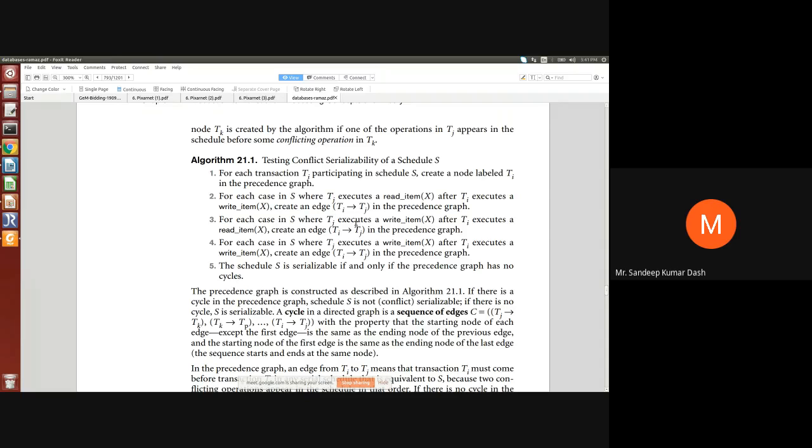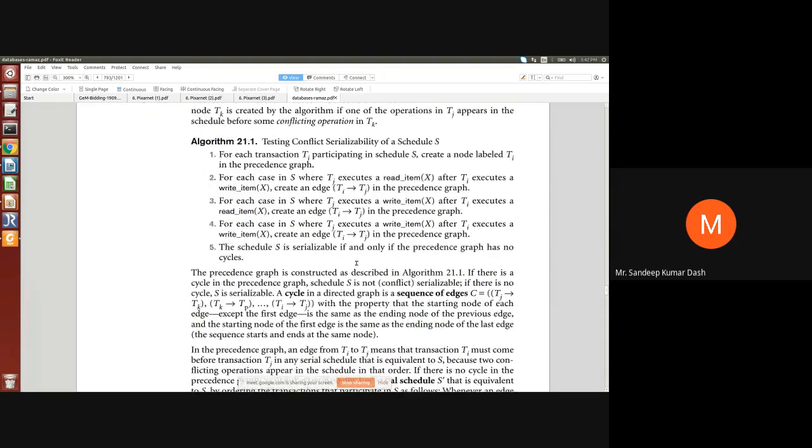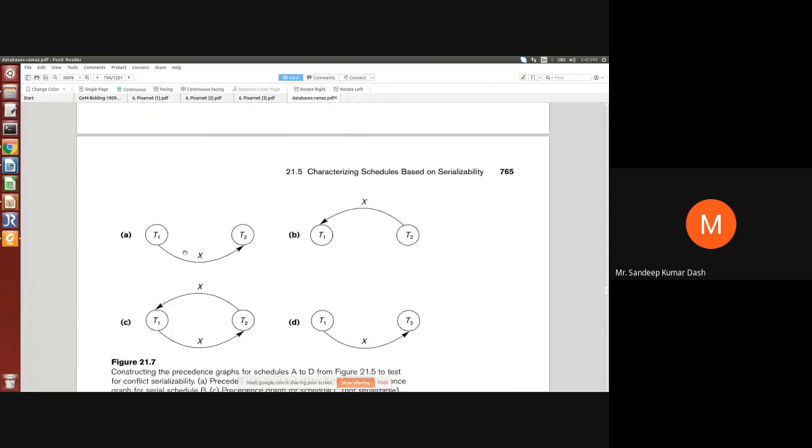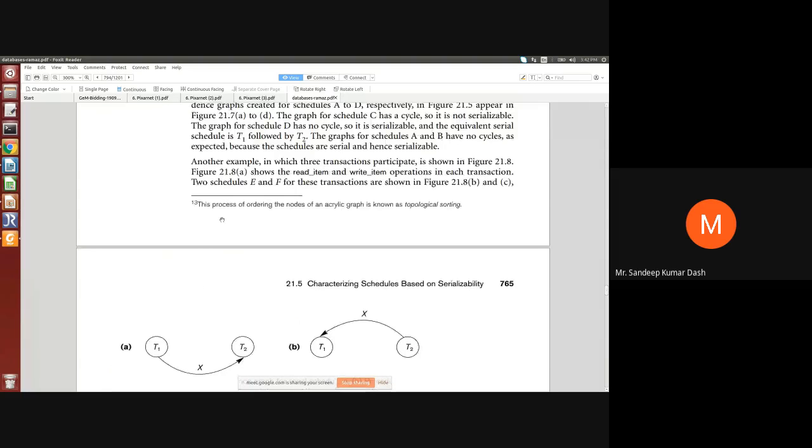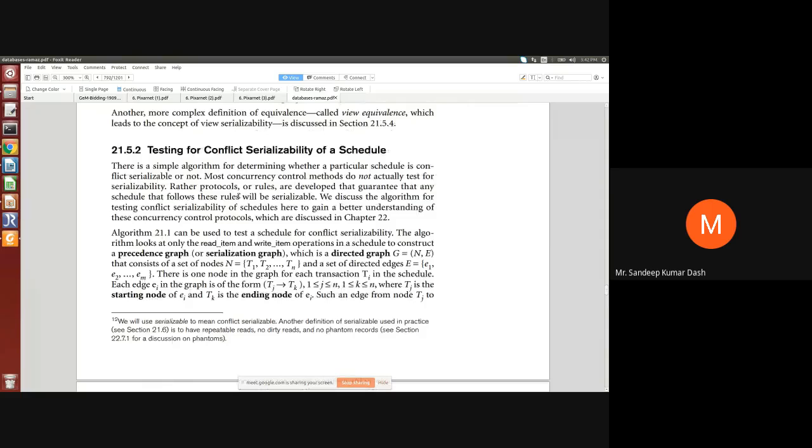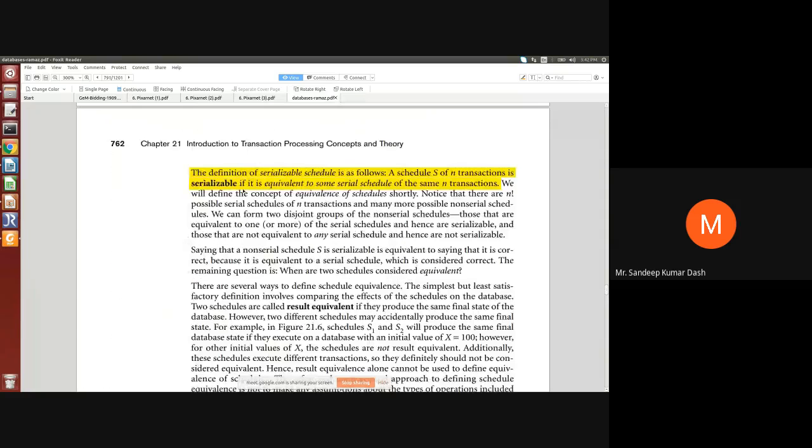So you can create an edge whenever there is a read on one side and a write on the other side, or a write on both sides. See the example. This is the graph for the first schedule, schedule A. That means this one, this one.